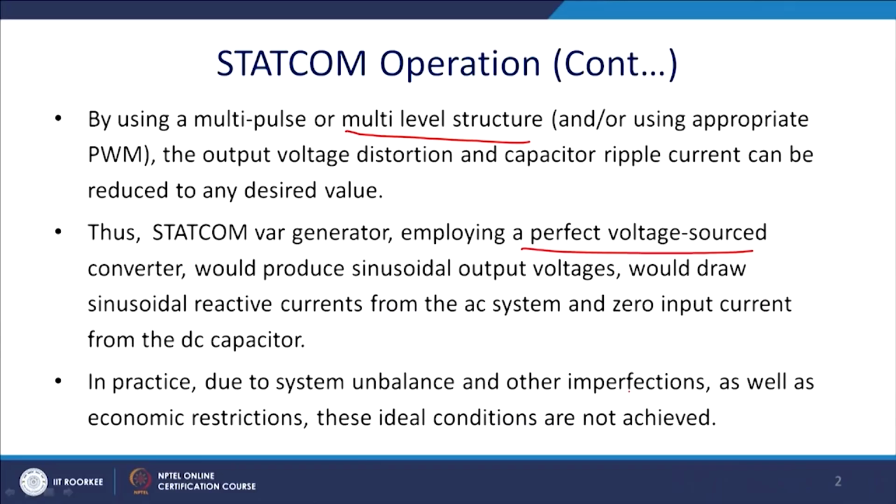In practice, due to unbalance and imperfection, the value of the inductor may be a little different, so there might be imbalance, and even a source unbalance. We actually tolerate some amount of source unbalance because of economic restrictions. This ideal condition is not achieved, so there is a real power exchange between this Statcom and the power system.